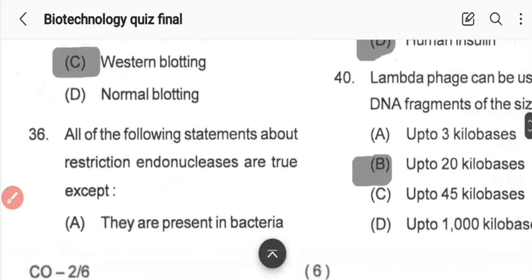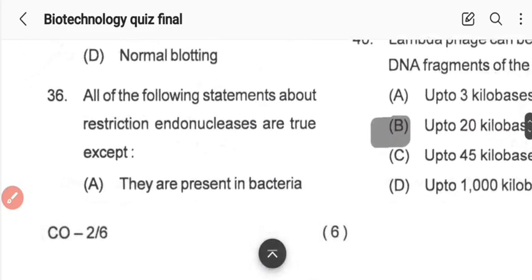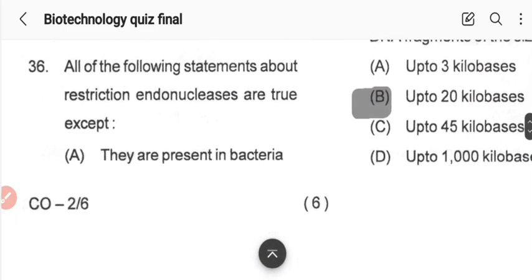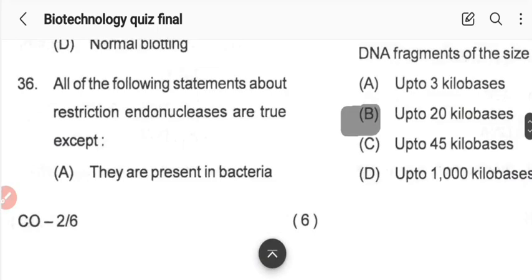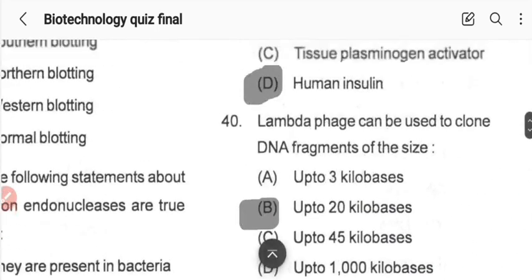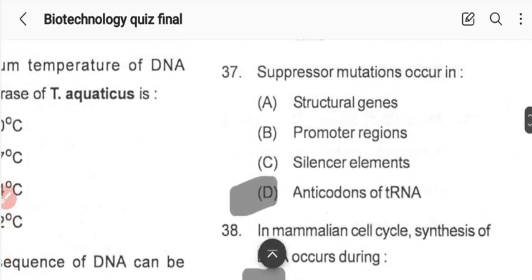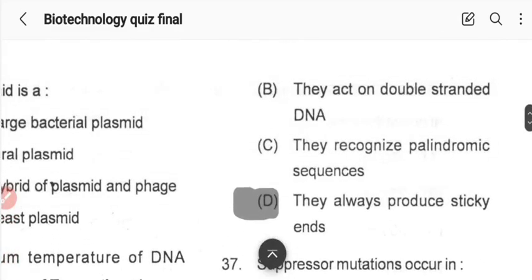Then, all of the following statements about restriction endonuclease are true except what? 34. So the exception is that they always produce sticky ends. So not all restriction endonucleases produce sticky ends.